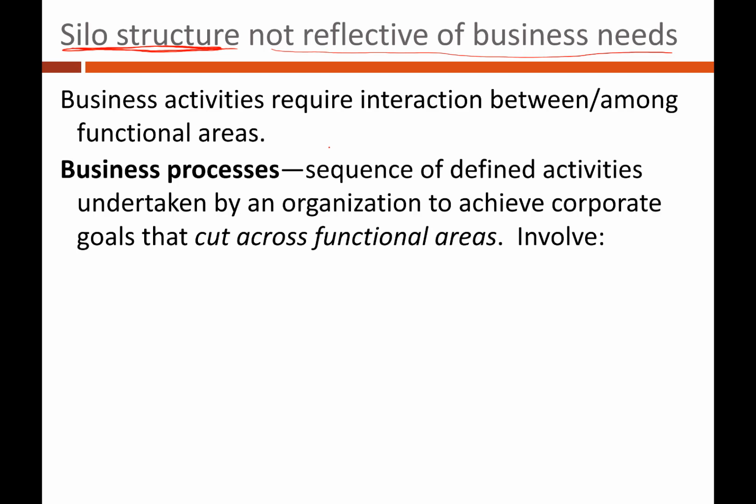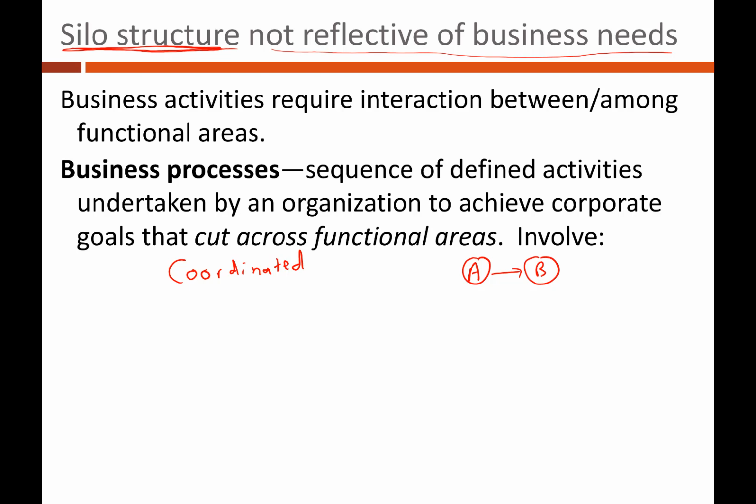A business process is a sequence of defined activities undertaken by an organization to achieve corporate goals that cut across functional areas. And so it involves a certain set of things. A business process has to be coordinated. What we want to have happen is when step A finishes and now step B is supposed to happen, we want step B to happen as soon as step A finishes.